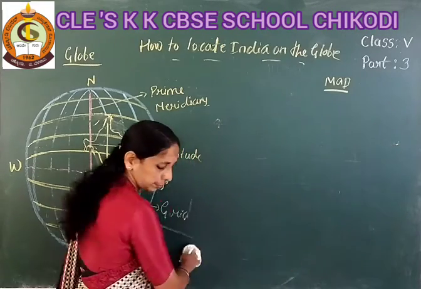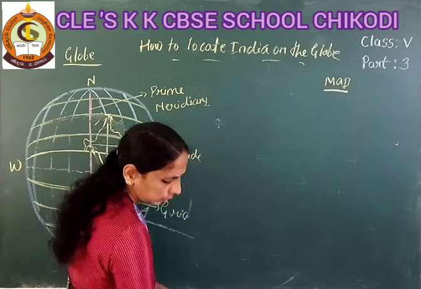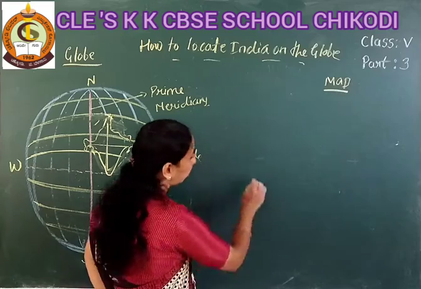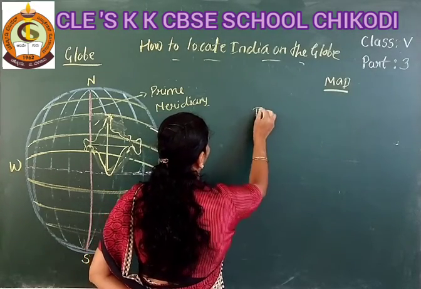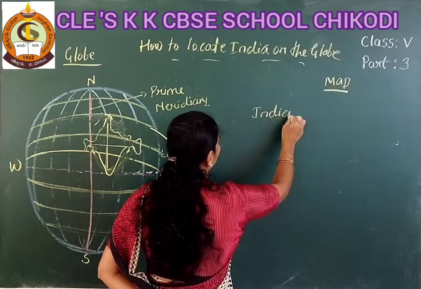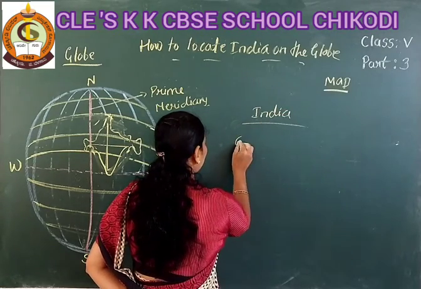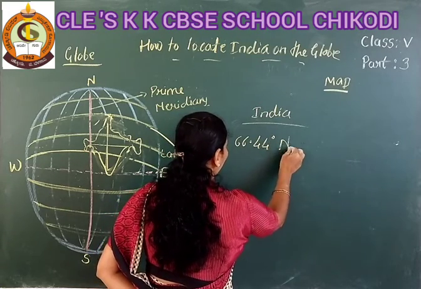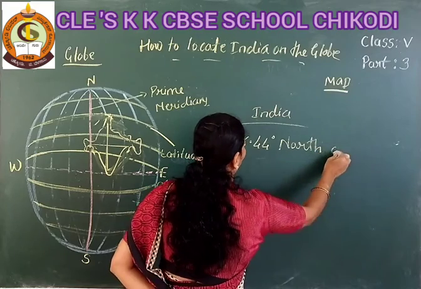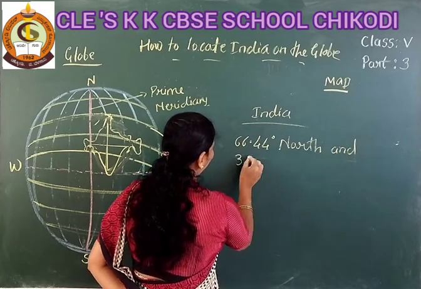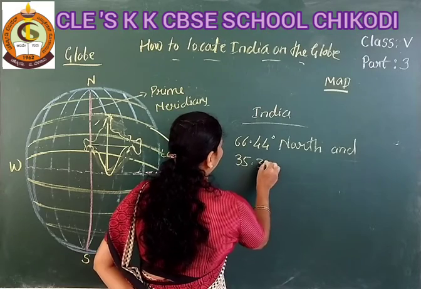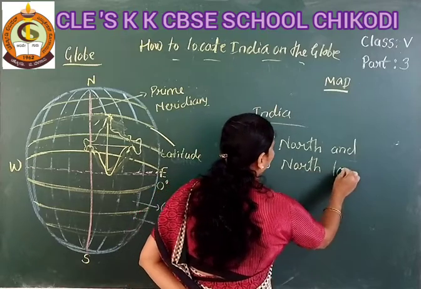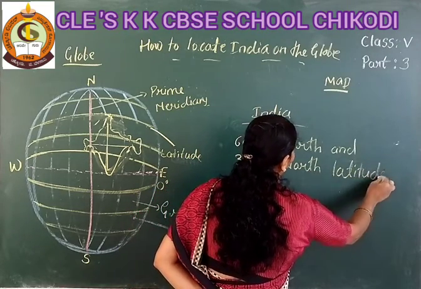India lies north of the equator. India lies on the globe between 6.44 degrees north and 35.30 degrees north latitude.